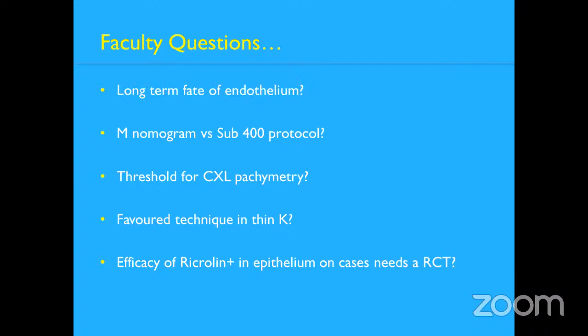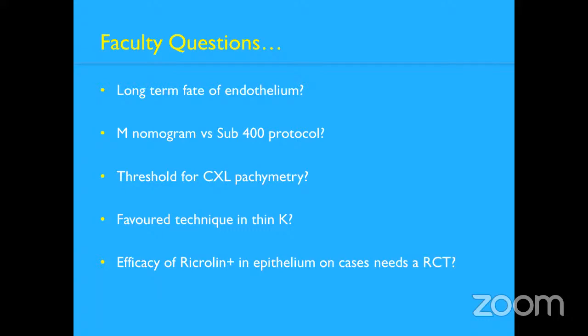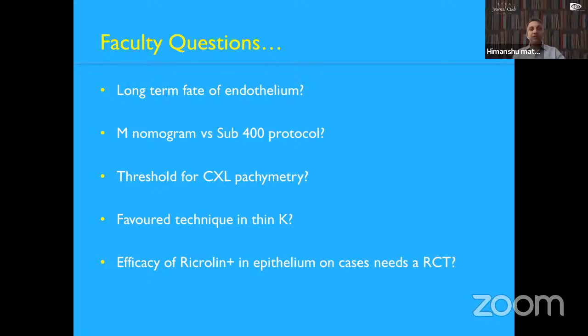Or nobody has any idea. If I ask you a question: after cross-linking, if the cornea stabilizes but does not flatten and does not show any demarcation line, would you call it success? Of course, you all will agree that it is successful. So then why do we go by such things? As Dr. Fogler said, if we are able to cross-link by possibly increasing the fluence, that's still fine. Another way is by reducing the depth of treatment, which can be done by increasing the fluence, like accelerated cross-linking.